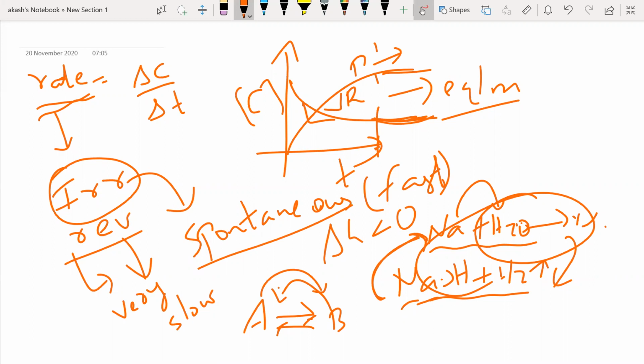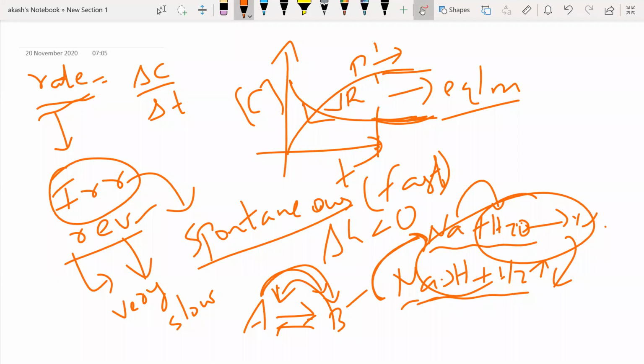Since reversible reactions are so slow, at any point of time the reaction can reverse itself without you doing anything, right? If I have a considerable amount of B formed during the reaction, I can even have B forming A, the backward reaction happening. But again, that is going to happen in a very slow manner, right?